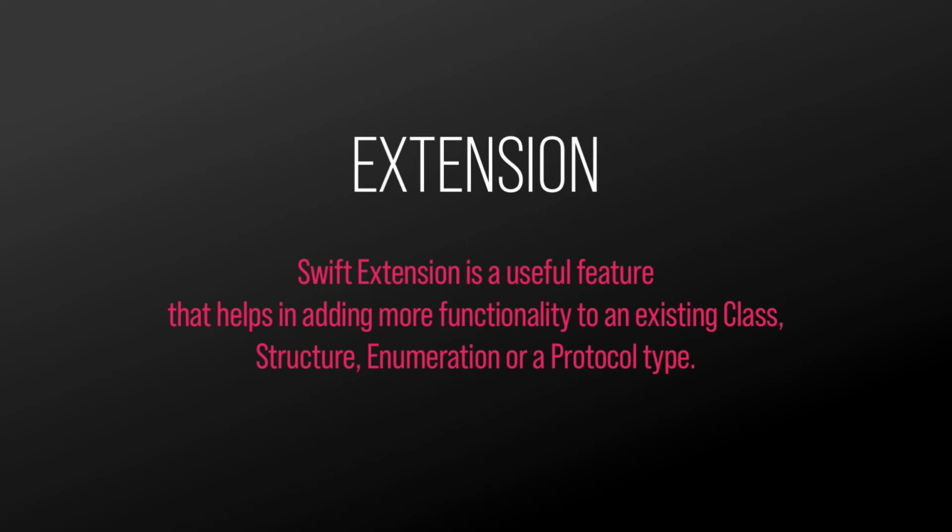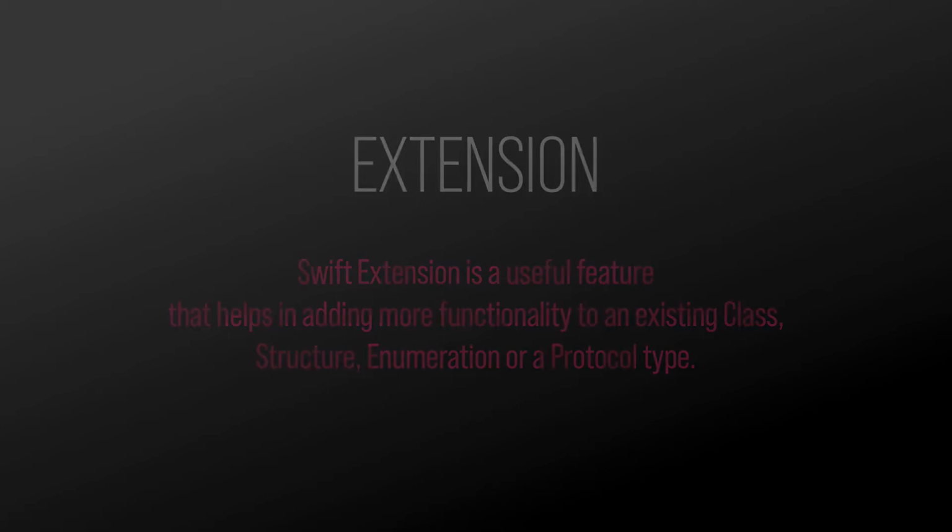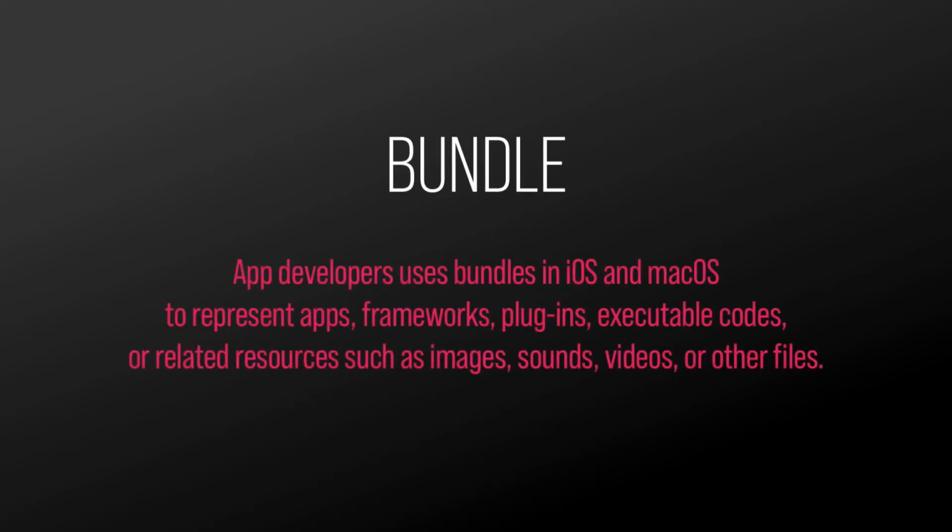Okay, but what kind of extension are we talking about? Do you see the first step on this list? To locate a file in iOS app development, we need to use the bundle. You know, Apple uses bundles in iOS and macOS to present apps, frameworks, plugins, executable codes, or related resources such as images, sounds, videos, or other files.